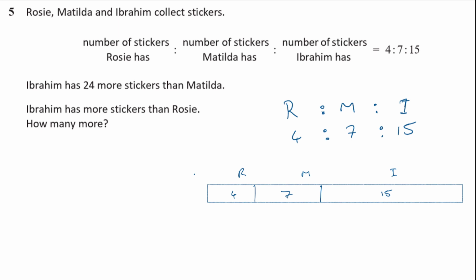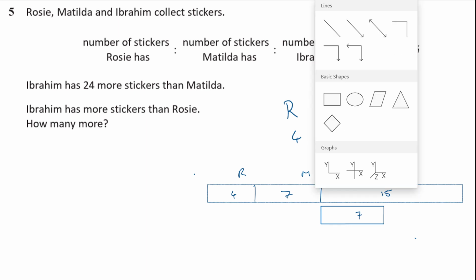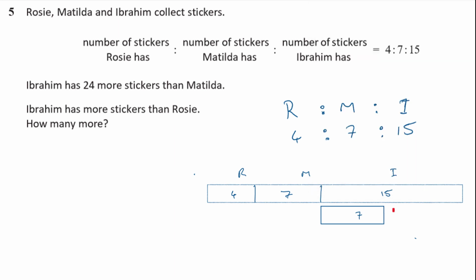Okay, what I'm going to do is compare Matilda's and Ibrahim's bars. So this bar here is worth 7, wasn't it? Now if I pick that up and move it over here next to Ibrahim's, we can see that if Matilda has 7 stickers for every 15 stickers Ibrahim has, then that means Ibrahim has an extra 8 stickers for every 7 that Matilda has, doesn't he?